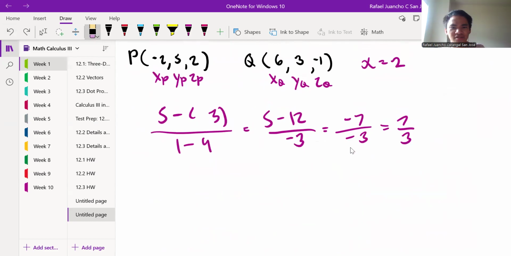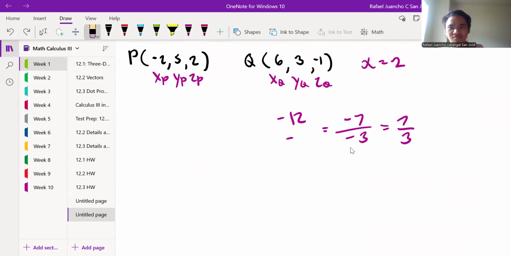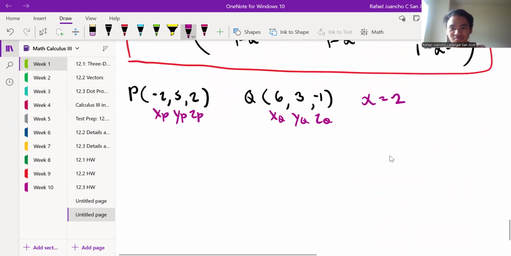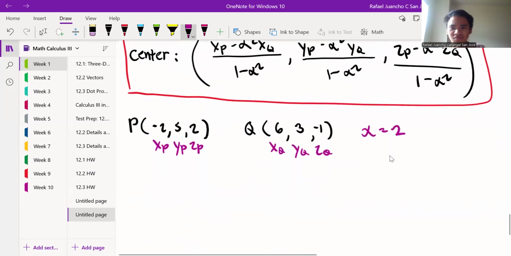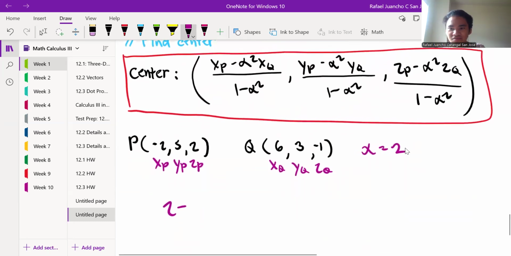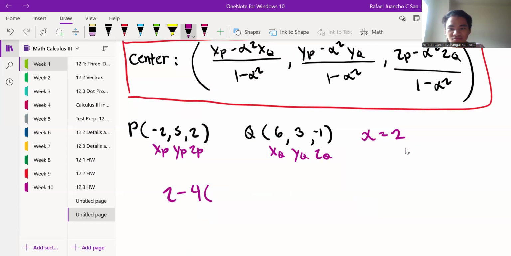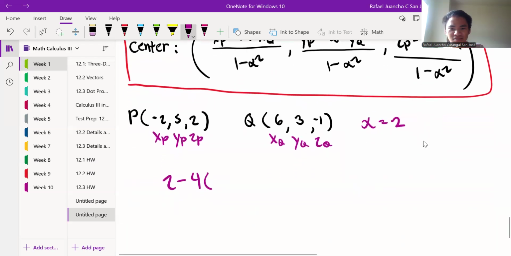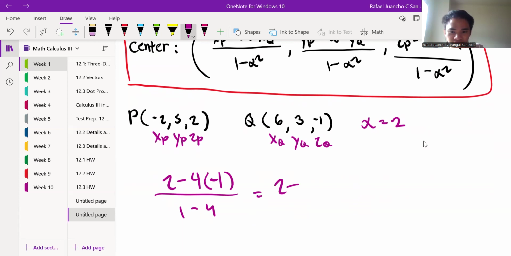And lastly, let's try our z. I'm just making sure it works. So for our z, we have ZP, so 2 minus alpha squared, so that's 4. We multiply ZQ, so that's -1. And then we have 1 minus 4 here, so that's 2 plus 4 over -3.